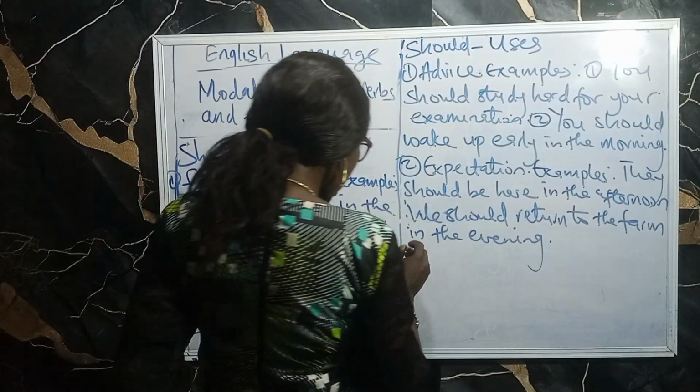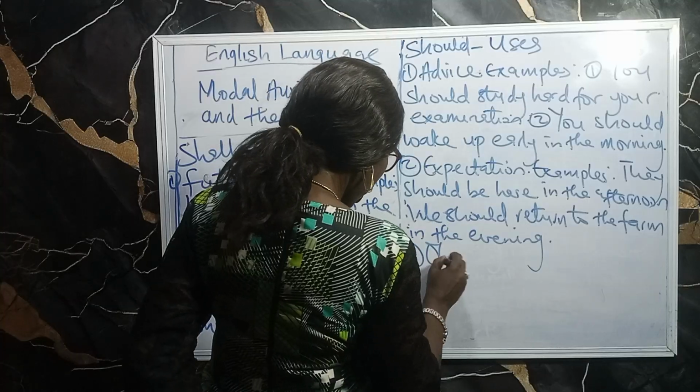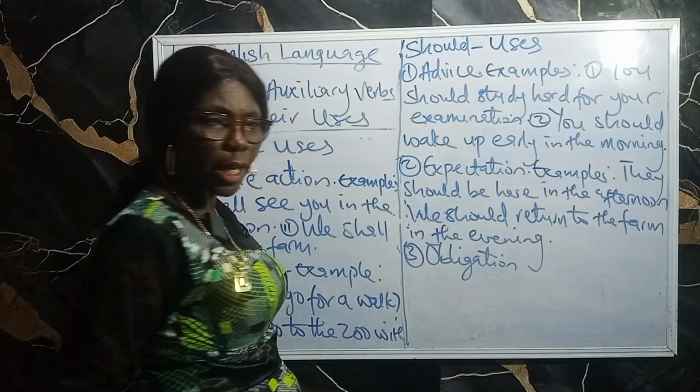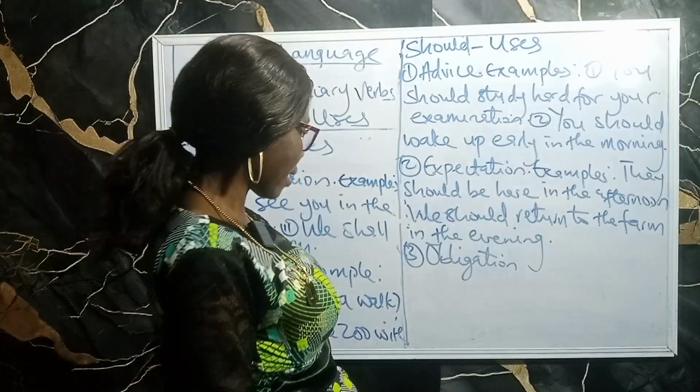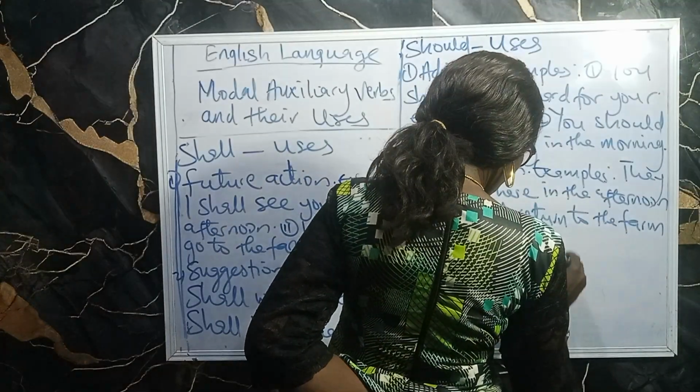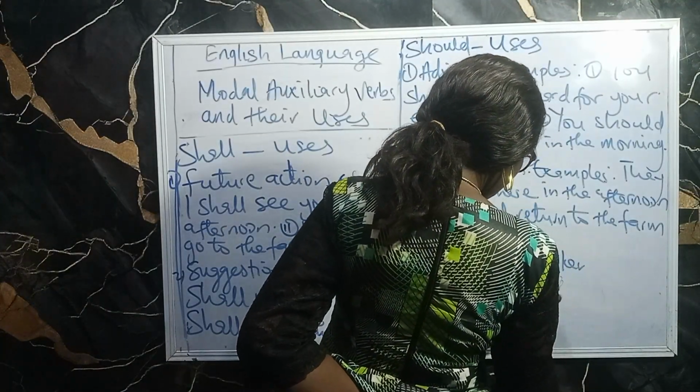And the next one is obligation. But this obligation is weaker than the one we use for must.